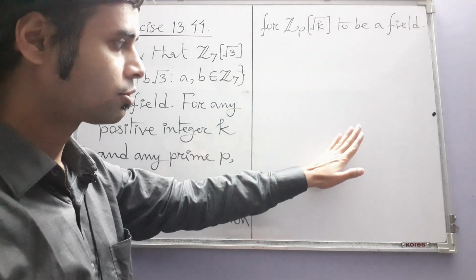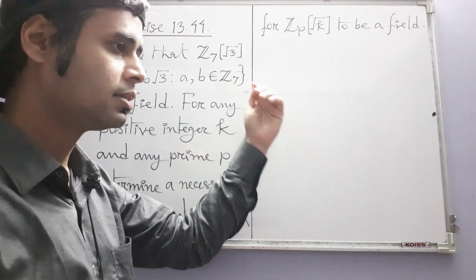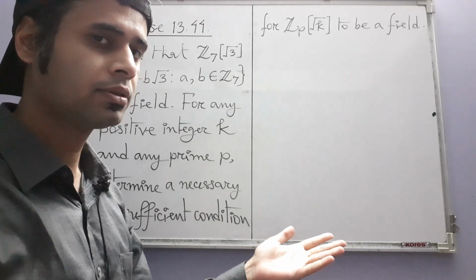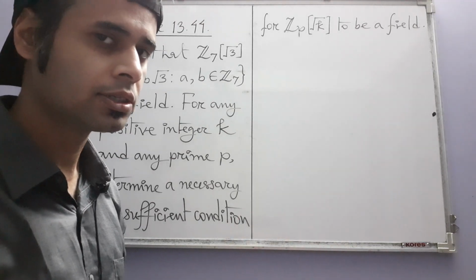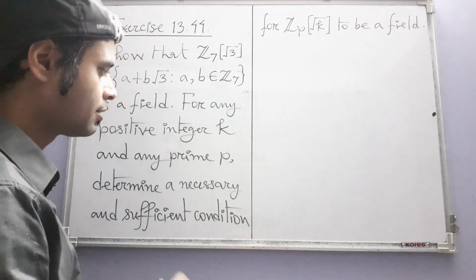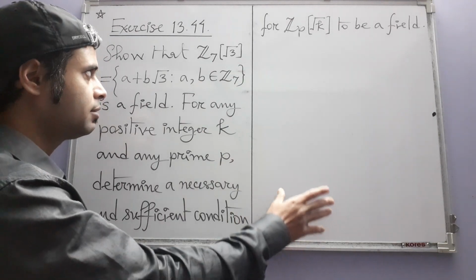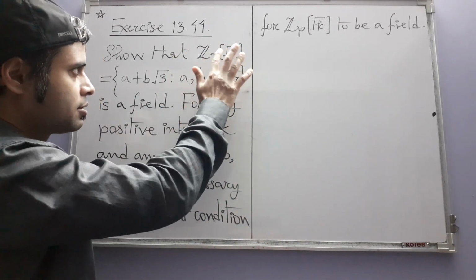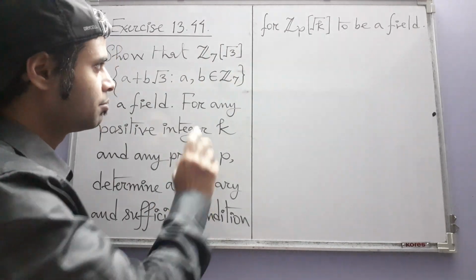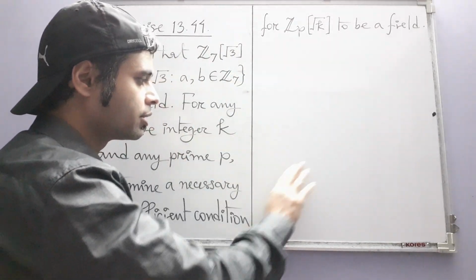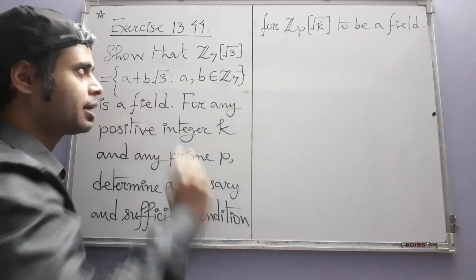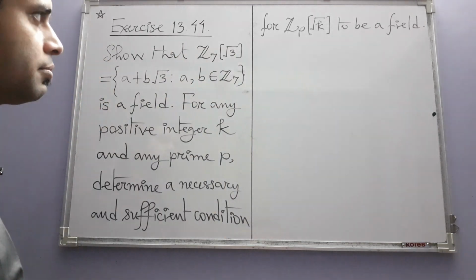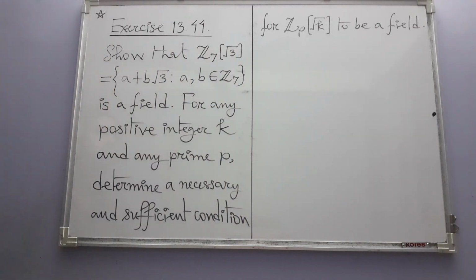And then we will show that if the condition is removed, then it does not become a field. That means the condition is necessary also. And then as a consequence of that, this will hence also be a field, because whatever condition we are going to put forth, this will satisfy that condition. Okay, so let's start the solution.